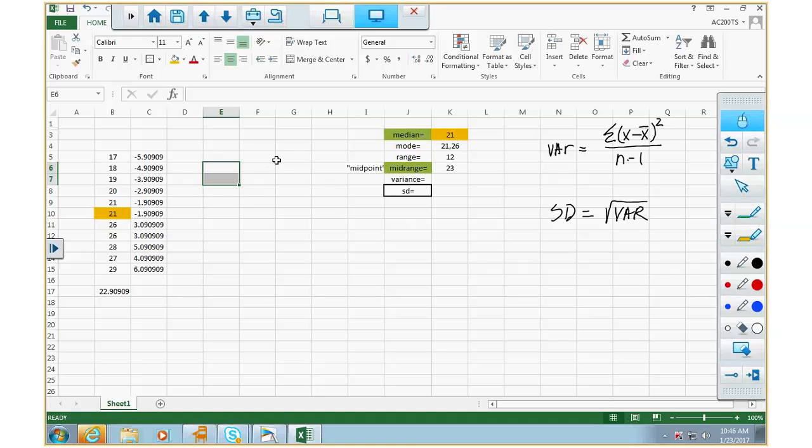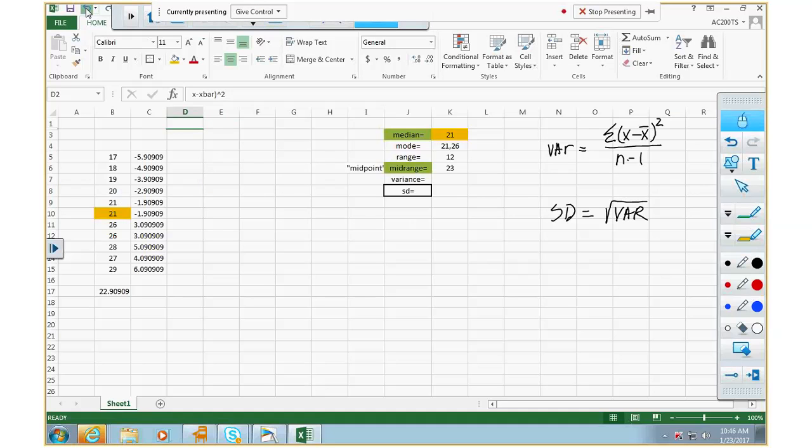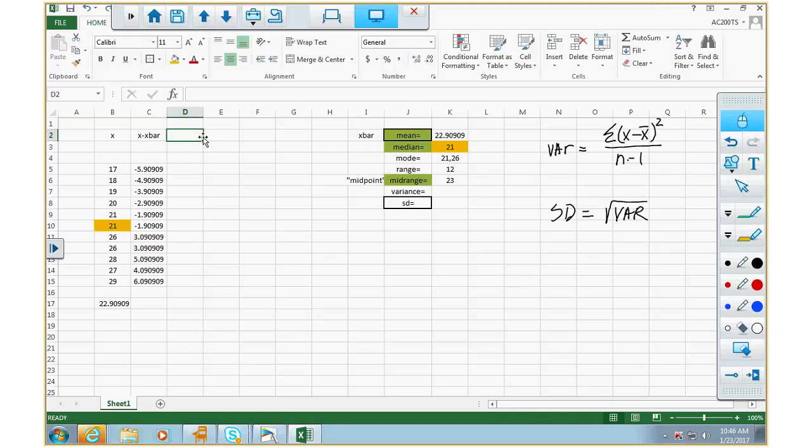Pull it back up. I'm just going to do this. There. X minus x bar, quantity squared. And I'm going to take that number and I'm going to do what with it? And square it.